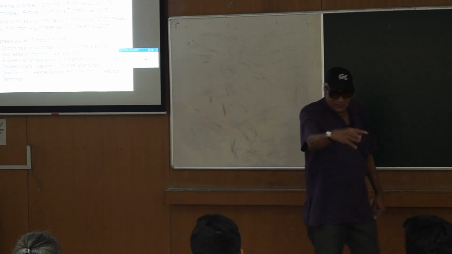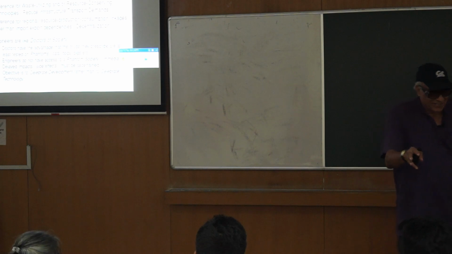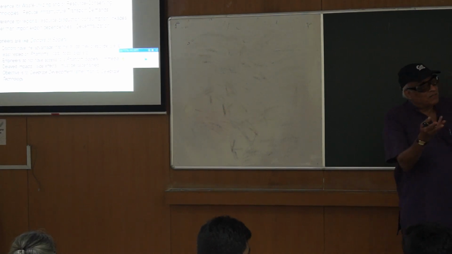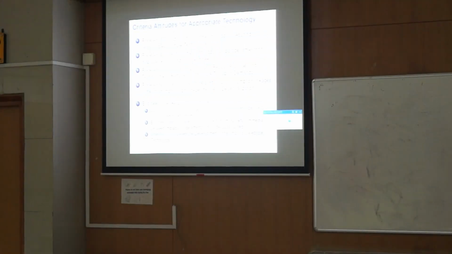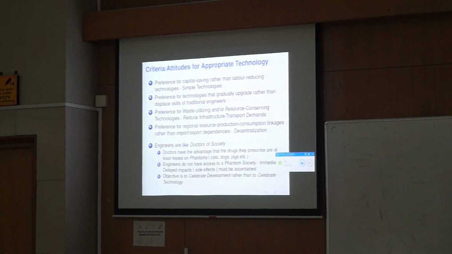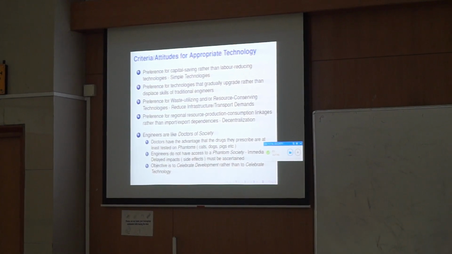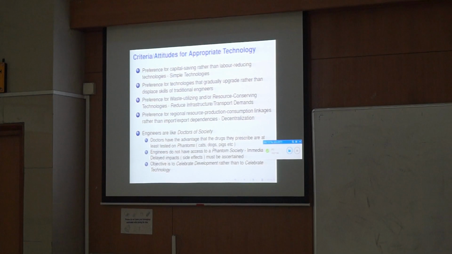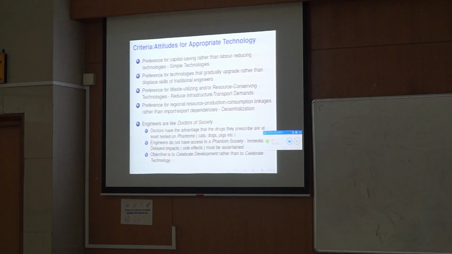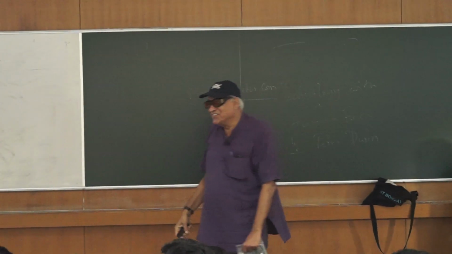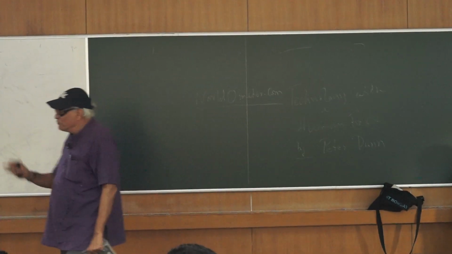Cats, dogs, they even kill them. At least engineers don't have a phantom society. Is there any island where there are monkeys and you give them laptops and observe what they do? If you behave properly, you will adopt the laptop. Otherwise not.